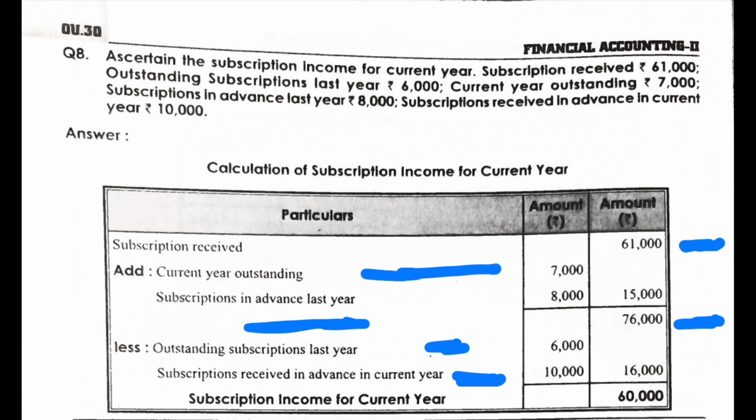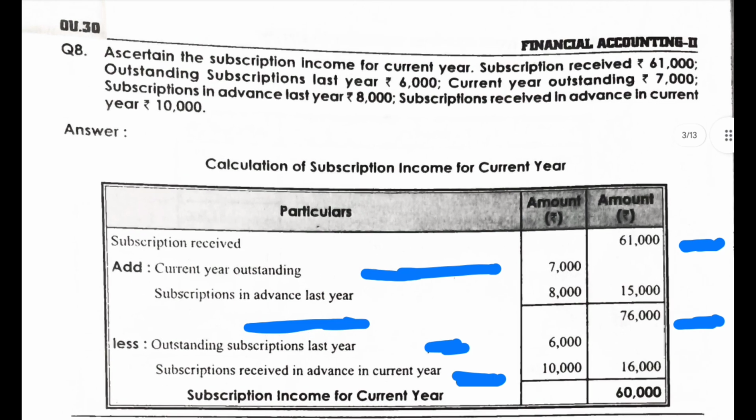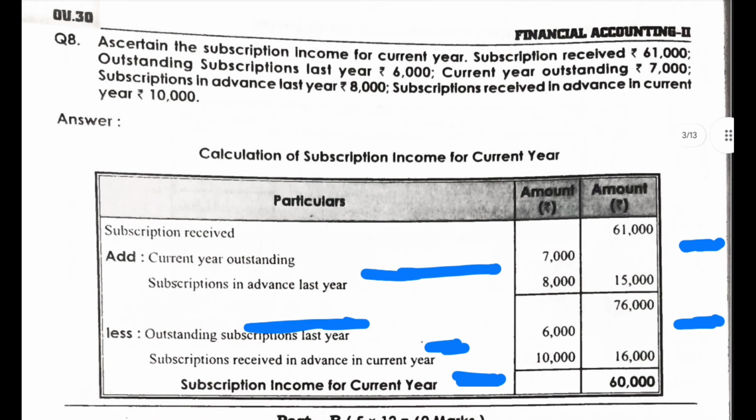It's clear? If advance is taken in the current year, that means we are taking it for the next year, so that we also have to deduct. So 6,000 plus 10,000, 16,000 we have to deduct. This subscription income for the current year, 60,000, you have to take into the income and expenditure account.